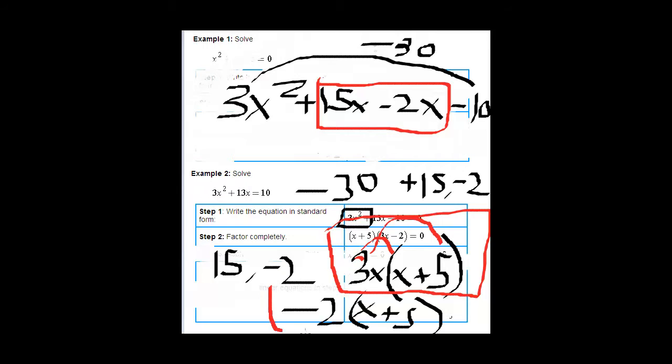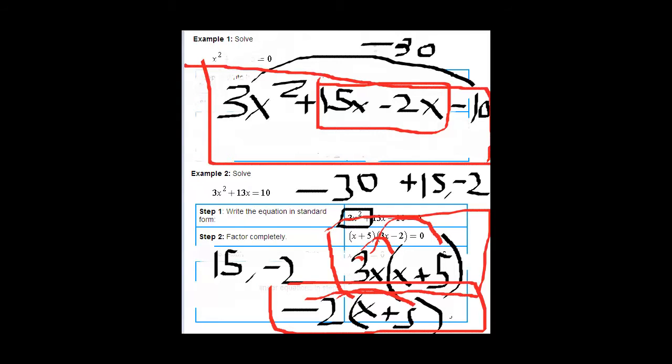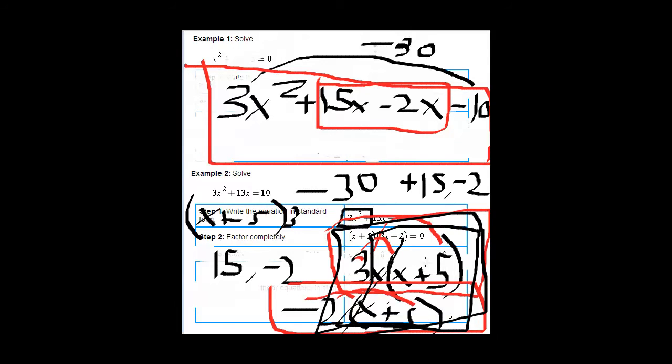And then we got down here negative 2x, negative 10. We put it all together, it equals this whole problem. Oh, that was harder to explain, but the basic answer is x plus 5 times 3x minus 2. Because if we got the same thing right here, then the x plus 5 would be our example. Then we know that's one of the factors, and then we just add 3x and negative 2.